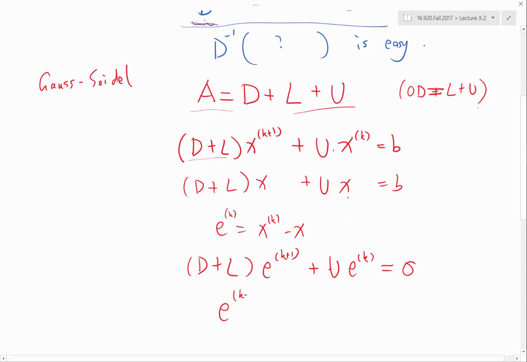And we have the iteration to be that, with a minus sign, right? So this is now the iteration matrix of Gauss-Seidel. And we're going to look a little bit later at what conditions the eigenvalues of this matrix would be all within the unit circle, right? Or the spectral radius of this matrix is less than 1.